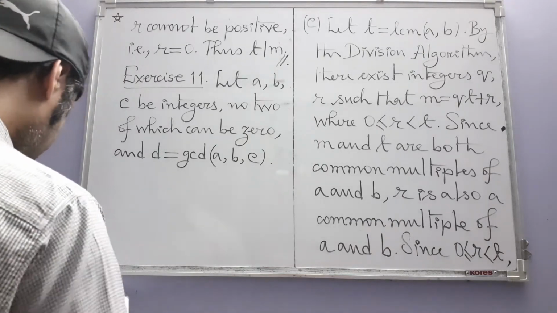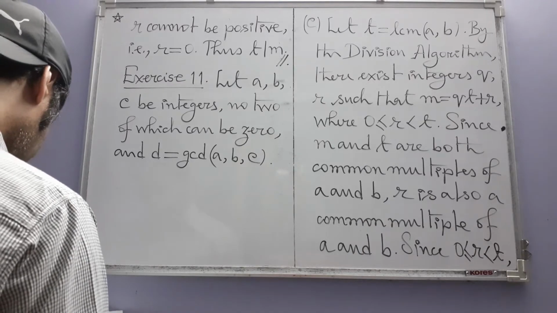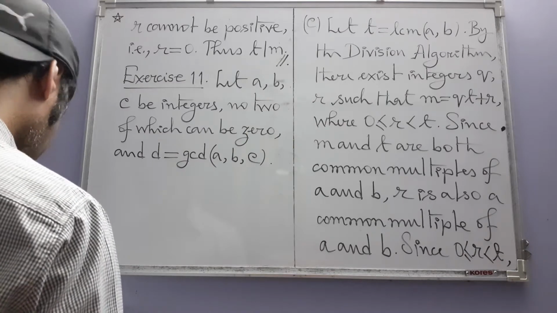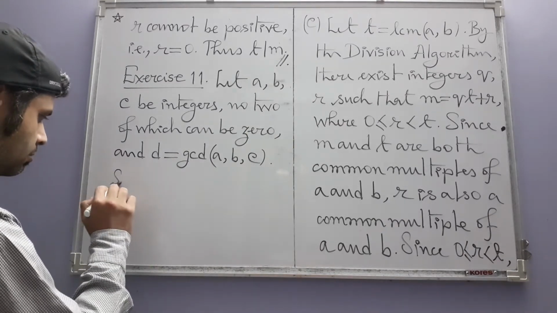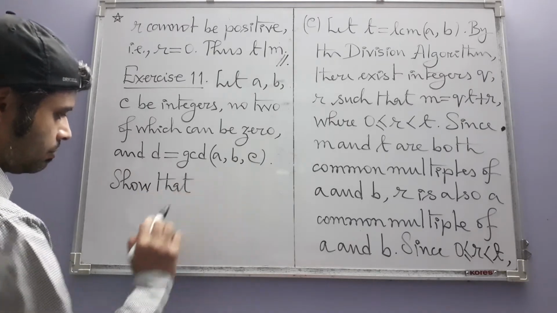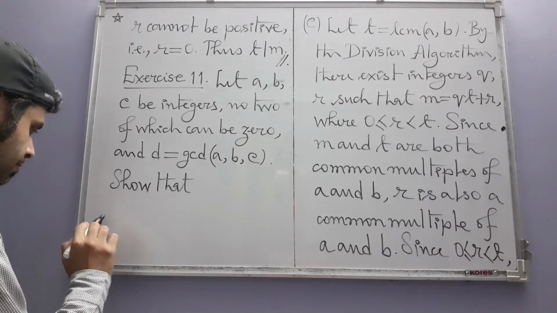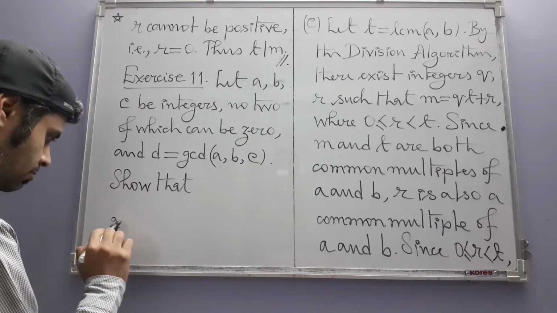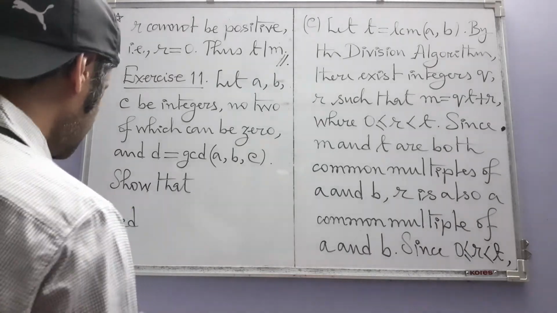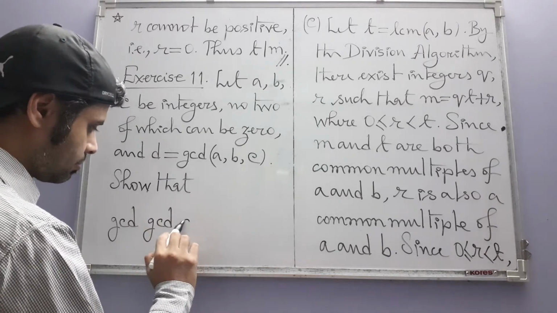Now, okay, let me just first complete writing the problem, then we will see what this condition means. Show that, this I cannot risk starting here because it has 2 GCDs in one place.